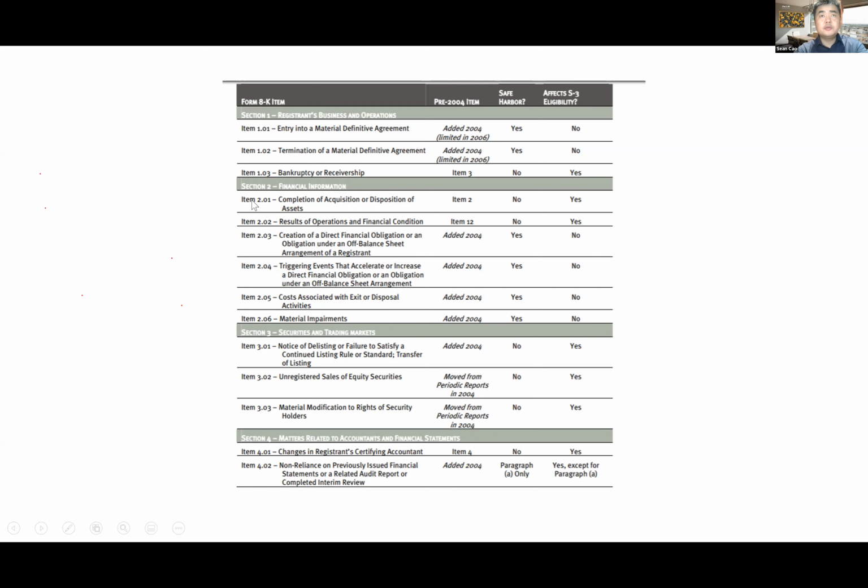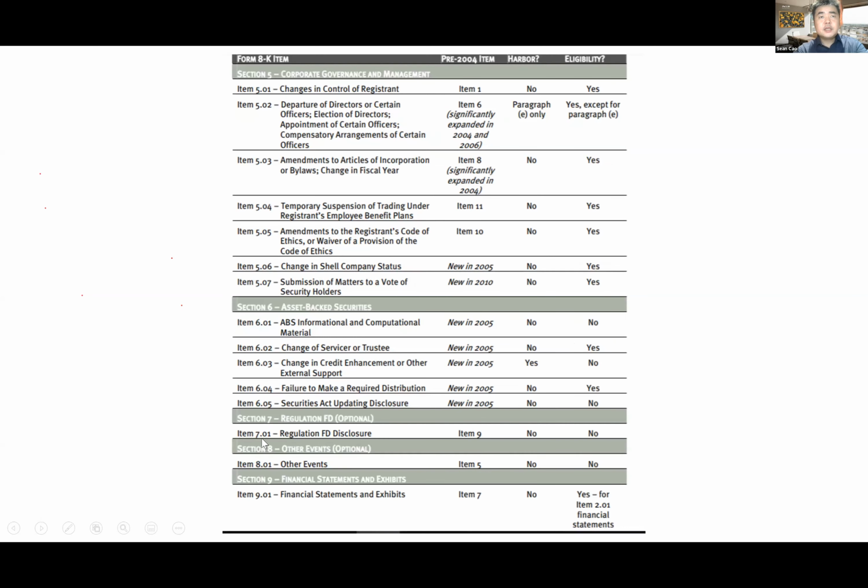This is material news, this is merger and acquisition. So 7.01 and 8.01 are for when something is not classified in the above items, and you can put it in either 7.01 or 8.01. So basically, any news that is not classified in the previous categories goes to 7.01 or 8.01.